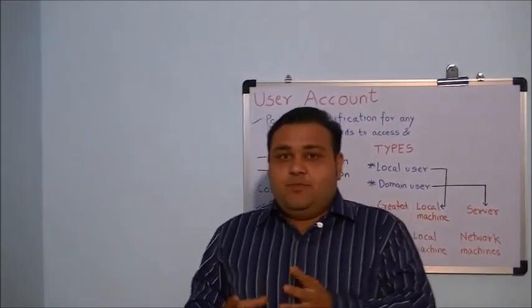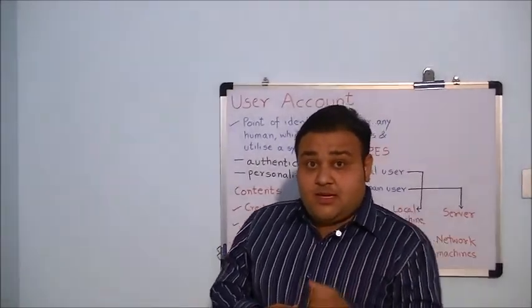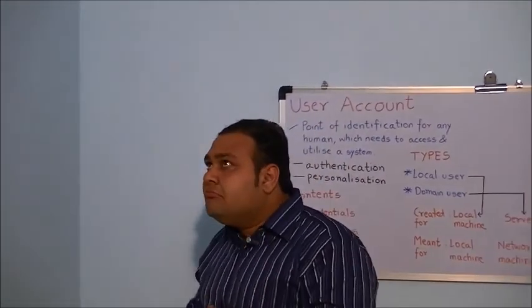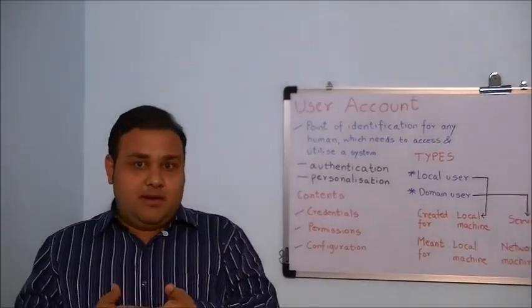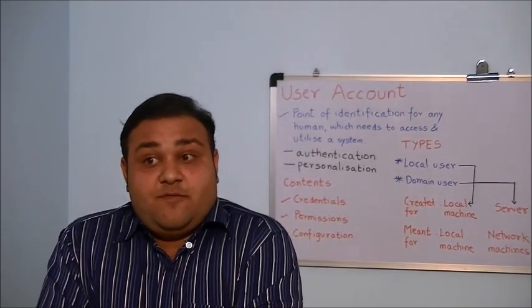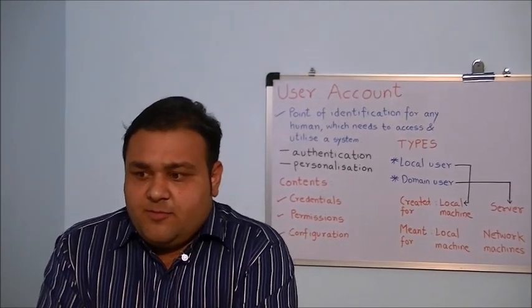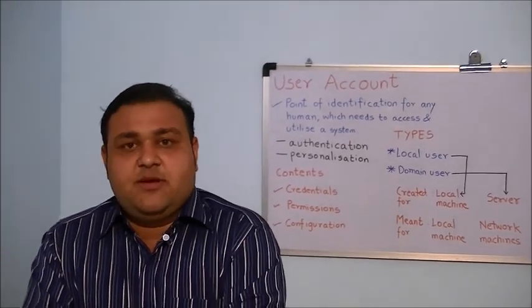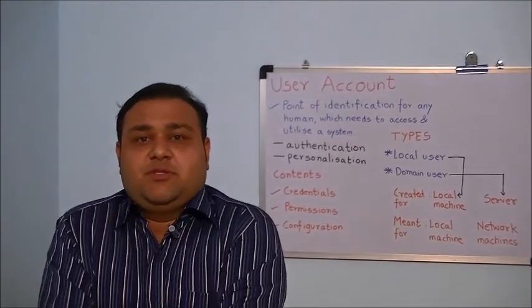So I gave you an example of a local user account with John. Now let's consider that Annie has a user account, and she is an employee of a multinational company. Her work profile asks her to sit on various different computers and access different types of resources every day.